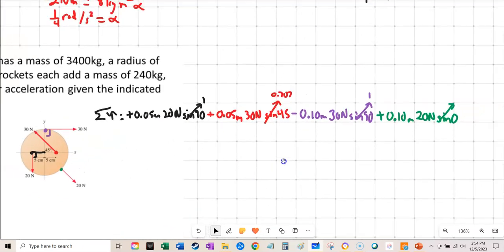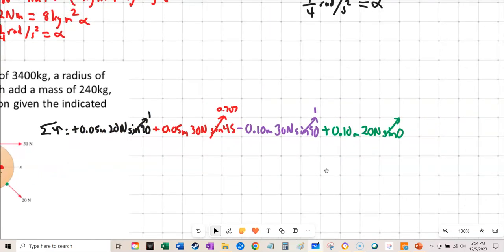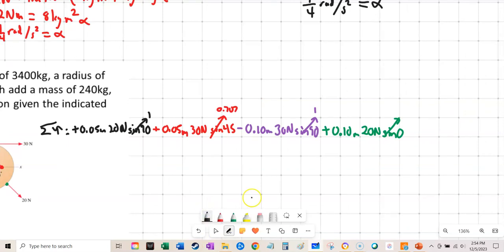Maybe what I'm going to do is simplify this left-hand side. But what we're going to do is sum up the moments of inertia over here. I'm going to show you what we're going to do.